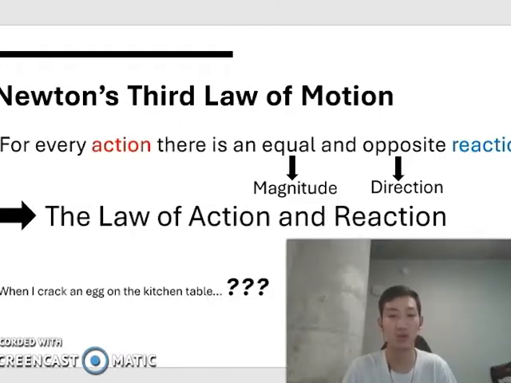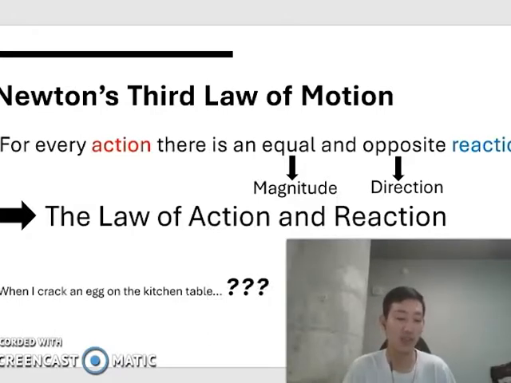So if we're going into the world of physics, let me put a little bit more physics elements in this statement. For every action and reaction, they are equal in terms of magnitude, but opposite in terms of direction. From what we learned before, we know we use forces to measure, express, or predict actions.